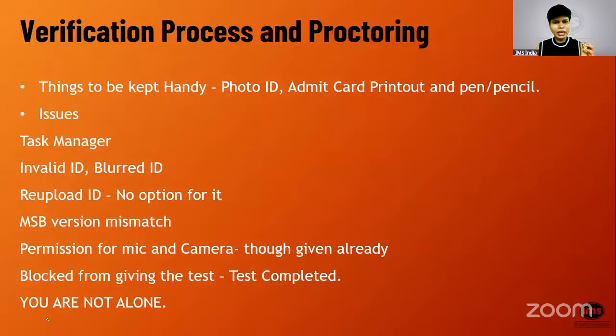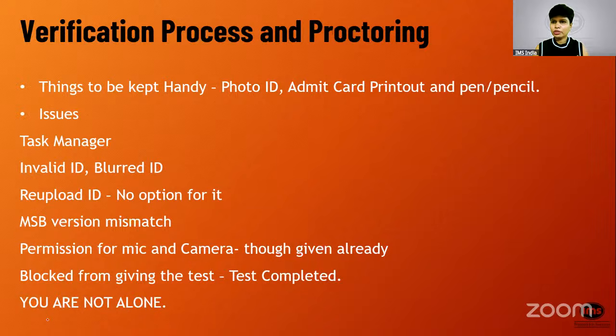The moment many of you uploaded or showed the photo ID, lots and lots of issues started up. So many of you were getting errors where you had to go to the task manager, close all the other background applications and come back.